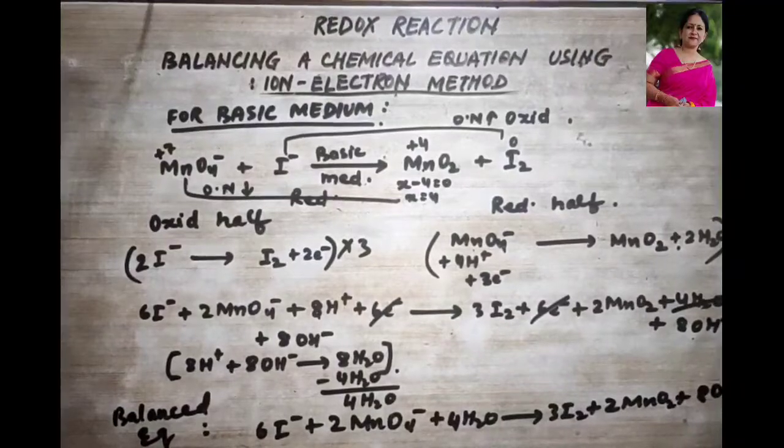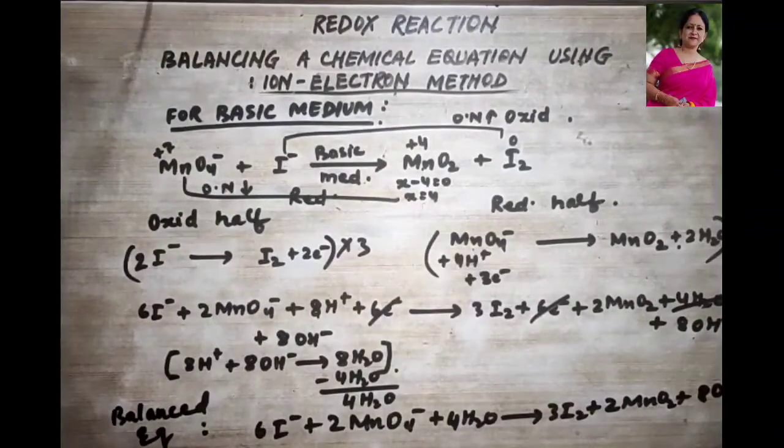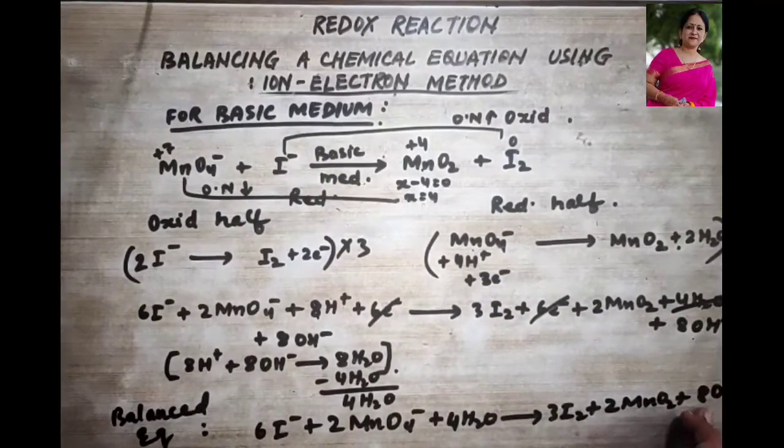So this is your balanced equation. I repeat, 6I-, 4 H2O, 2 MnO4-, 3 iodine, 2 MnO2 and 8 OH- ions.